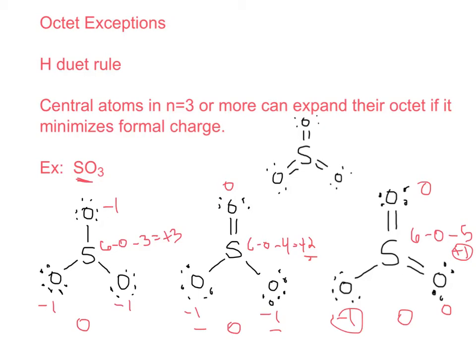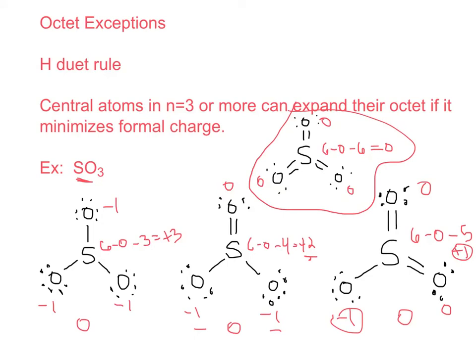And the fourth one, excuse me, we have 0 formal charges on all the oxygens, and it's actually going to be 6 minus 0 minus 6, which is 0. So this, you would think, would be, from a formal charge standpoint, the most likely distribution of electrons, even though the sulfur has taken on an extended octet.